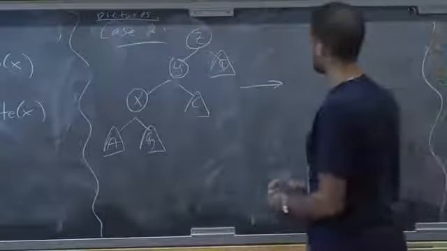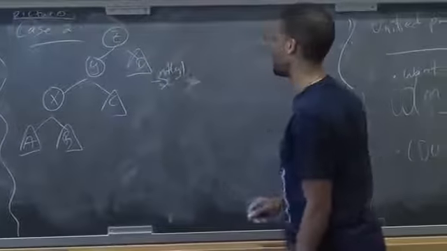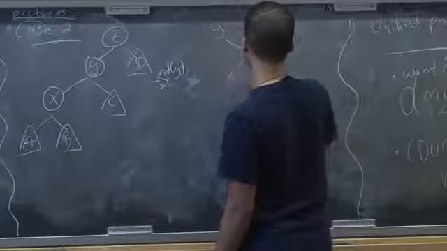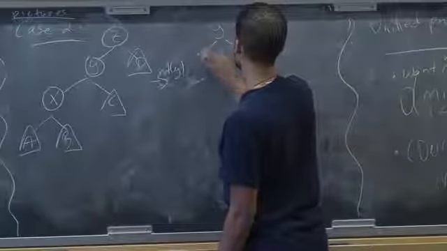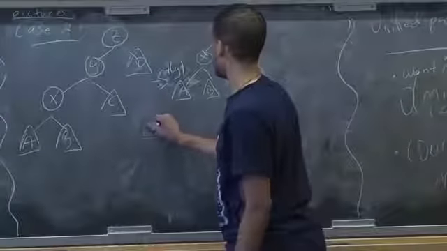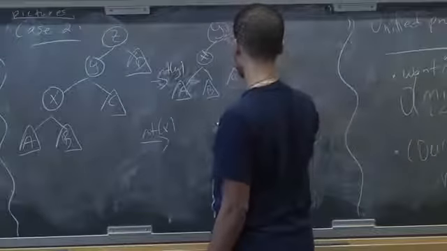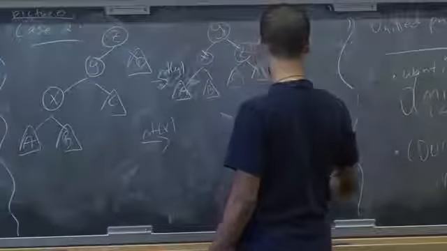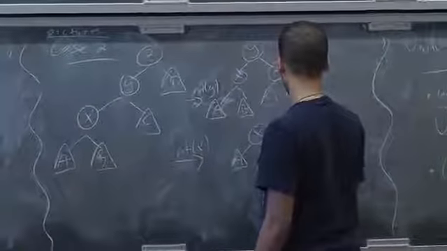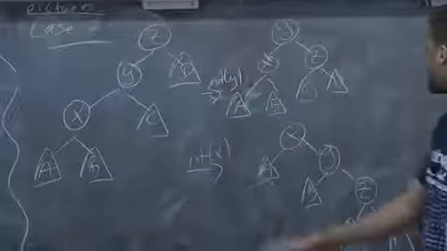So when we rotate, let's say we rotate y, that's going to look like y, z, d, c, x, A, B. And then now we rotate x, and that's going to look like x, y, z, and then A, B, C, D. So that's case two. Case two will bring us from this picture to this picture.